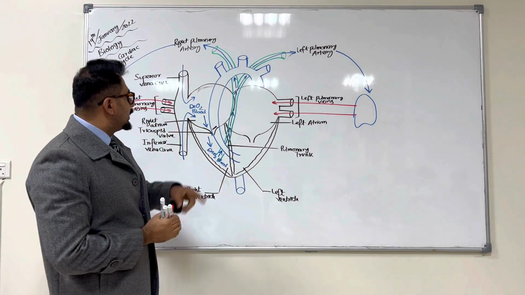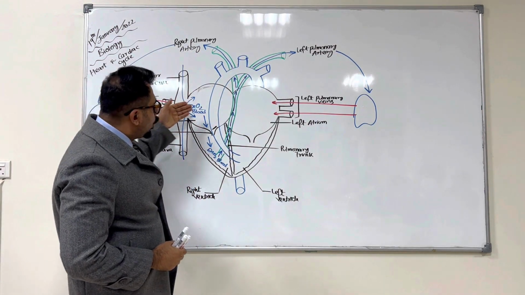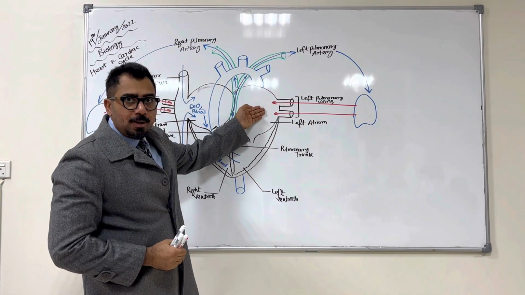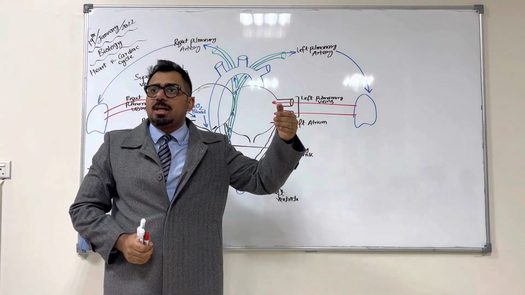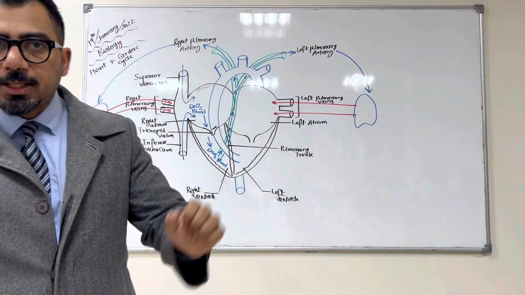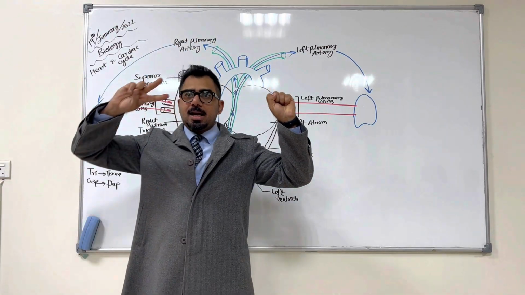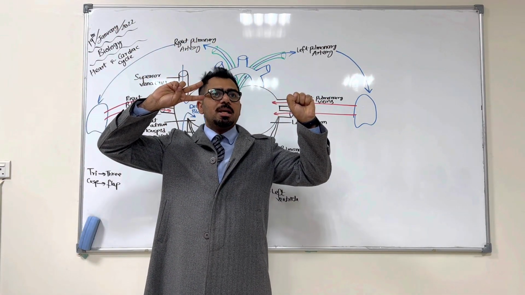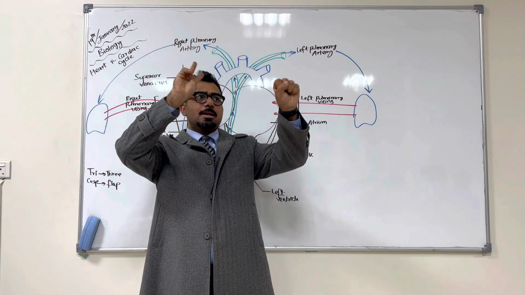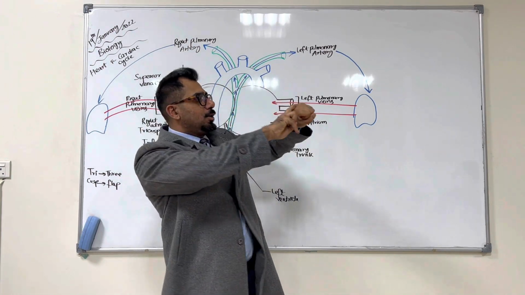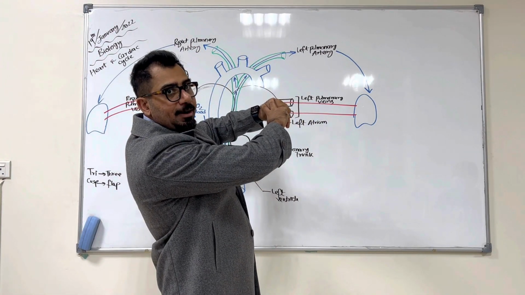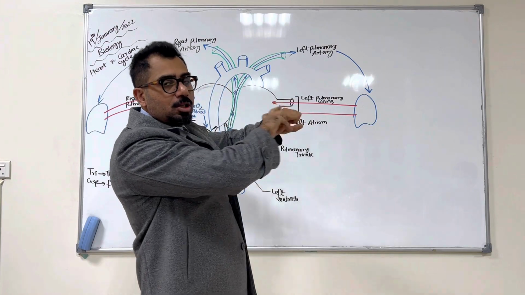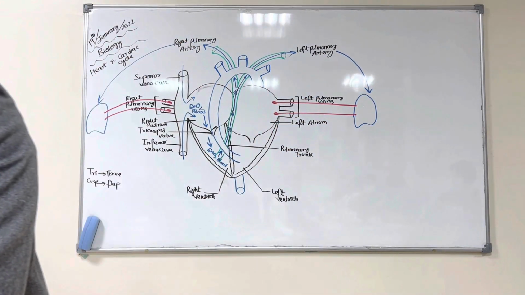Now these 2 blood vessels go into the left atrium from the back side of the heart. Now let's suppose that this is the heart, right? And these 2 are the right pulmonary veins. They will go from the back side and enter into the left atrium. Understood? So this is how they enter into the left atrium.